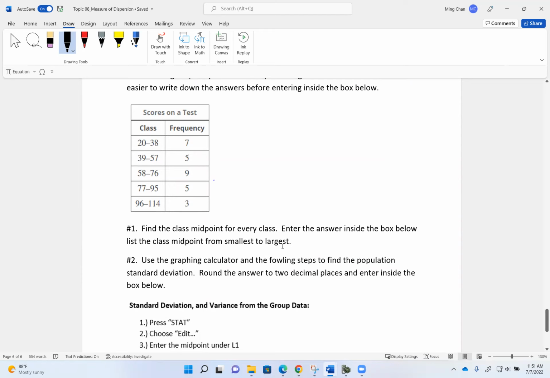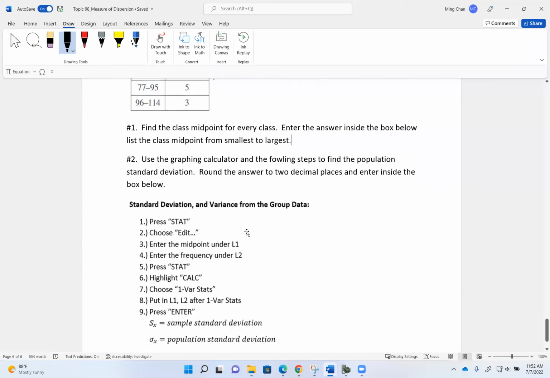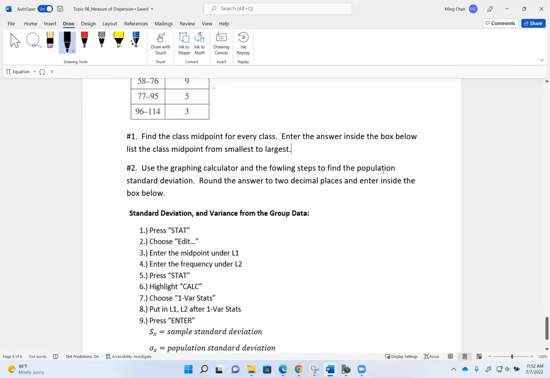Then number 2, use a graphing calculator and the following steps to find the population standard deviation, and make sure you round your answer to 2 decimal places. So make sure you answer both number 1 and number 2.